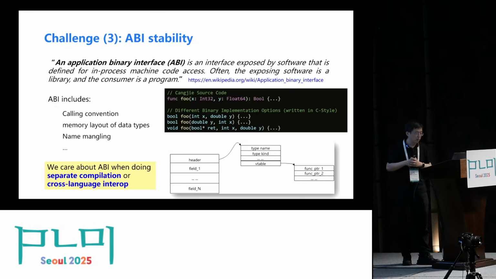The third issue is ABI stability. High-level languages promise that we have a better abstraction. People usually don't need to worry about low-level implementation details. But if we care about separate compilation, or if we work on cross-language interoperation, we have to understand the binary formats, including the calling convention, memory layout of data types, or even name mangling.